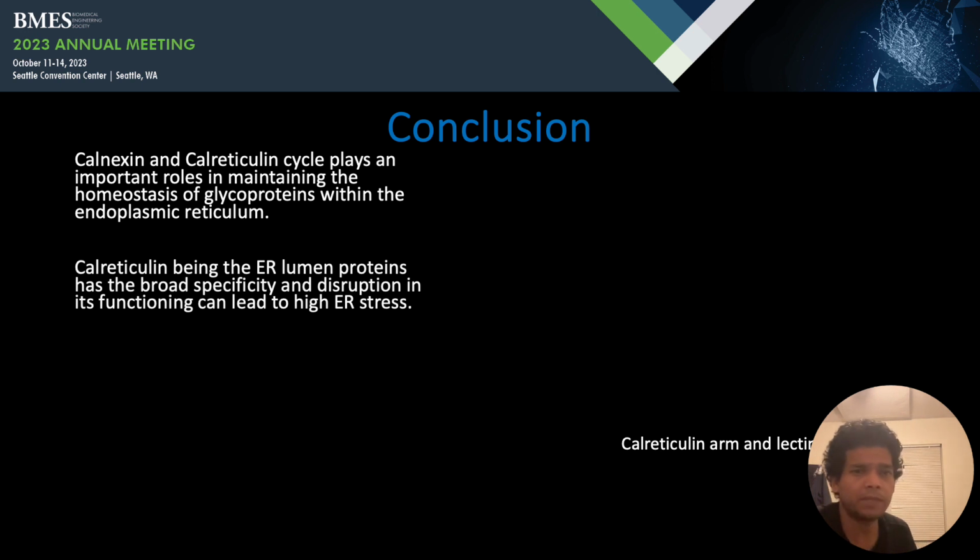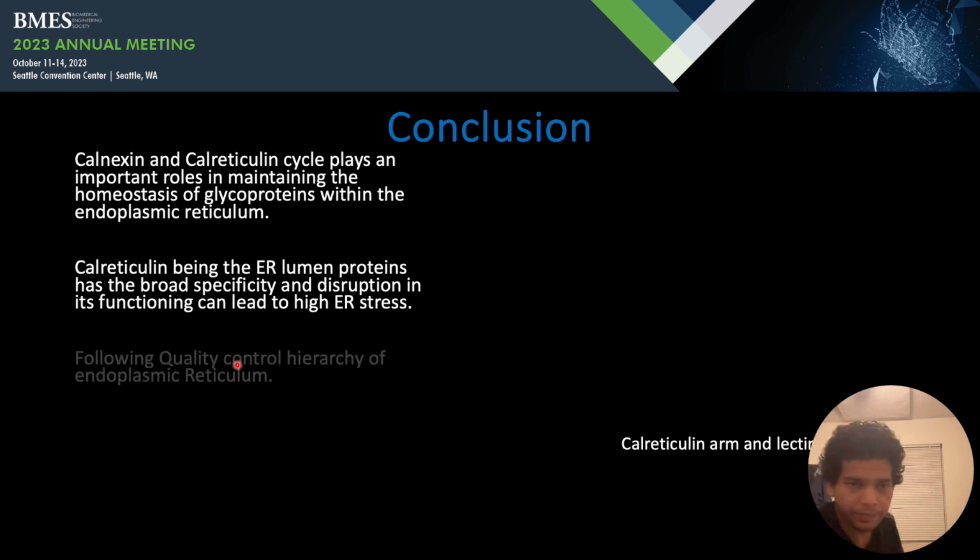And since the Calreticulin knockout has the high ER stress, one of the reasons could be that Calreticulin has a broad specificity. Another thing that justifies this observation is that Calreticulin is a soluble ER lumen protein, so its availability to the different proteins is very high compared to Calnexin, which is a membrane protein.